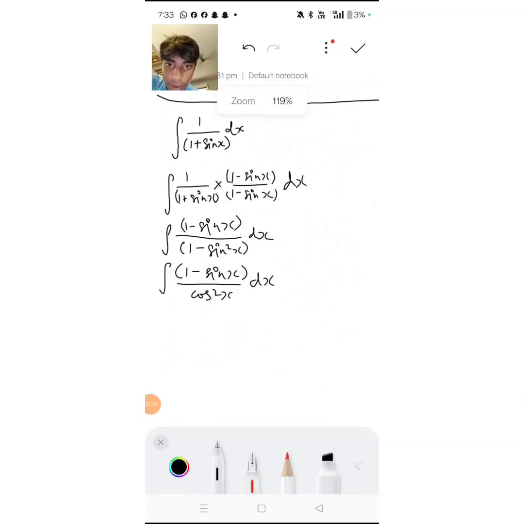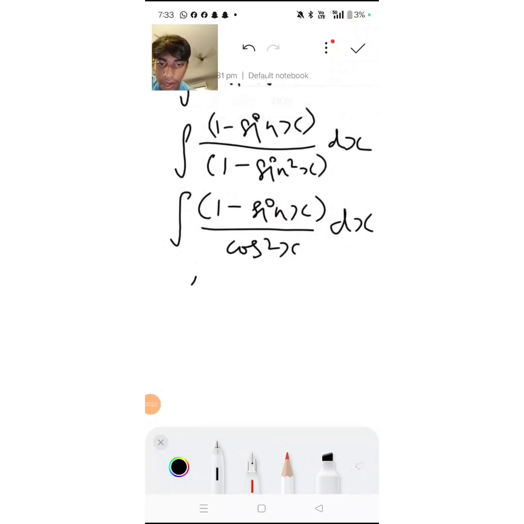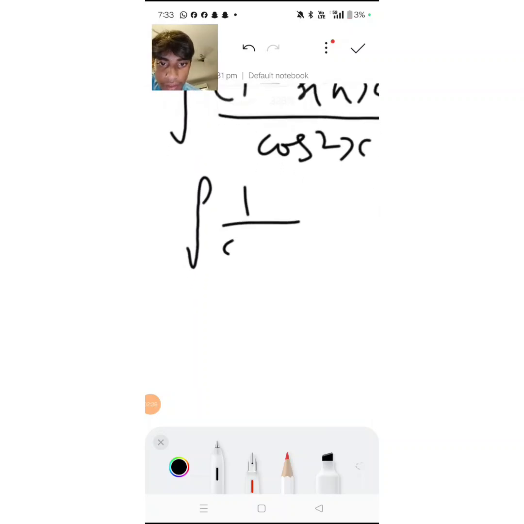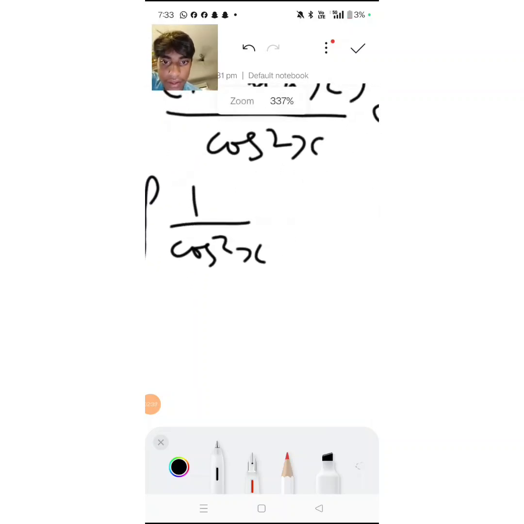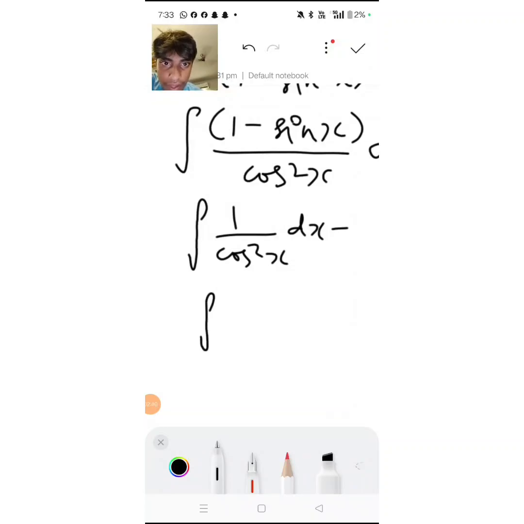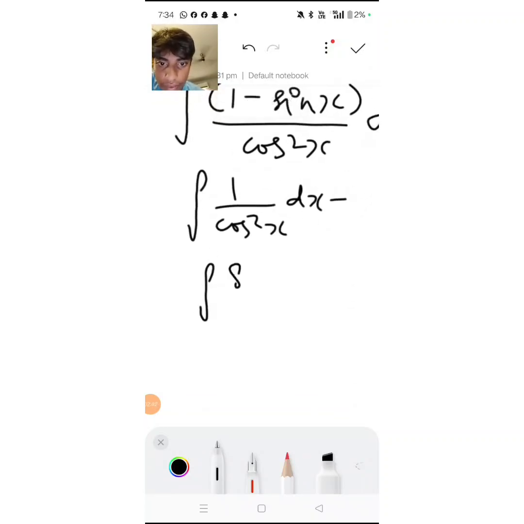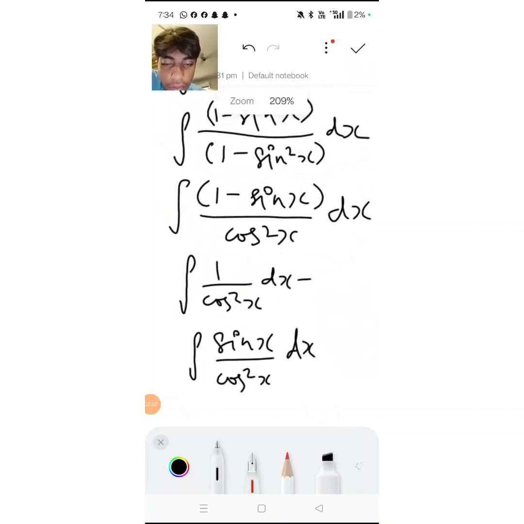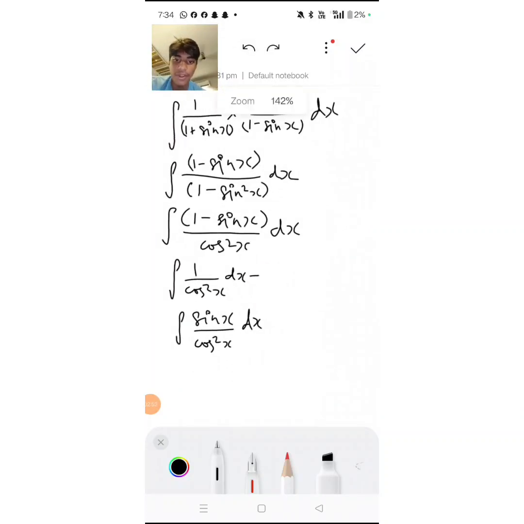Now what we can do next is open up the thing. So it just becomes the integral of 1 upon cos square x dx. Next we have the integral of sine x upon cos square x dx. Because it's subtraction in this case, we can split it up.